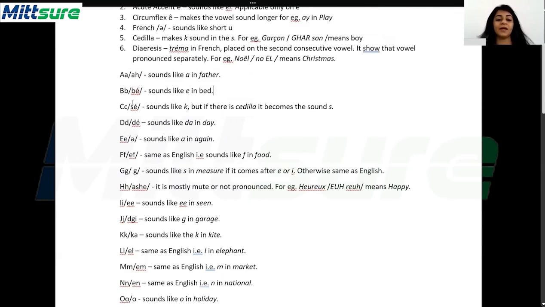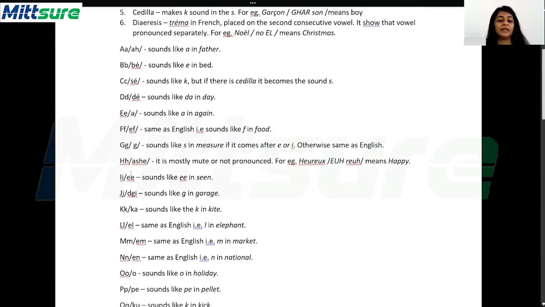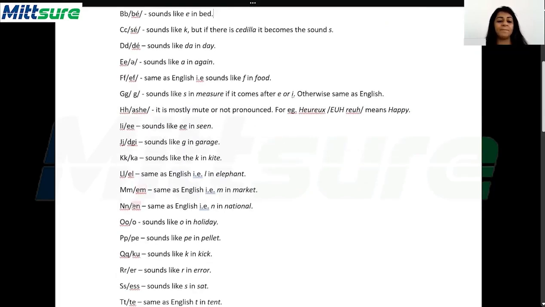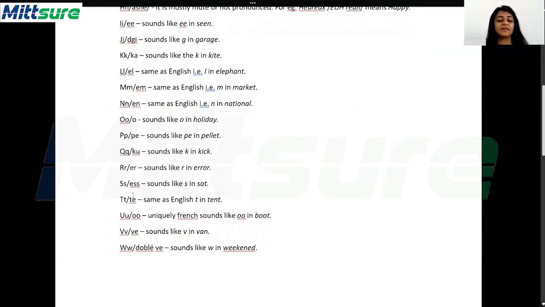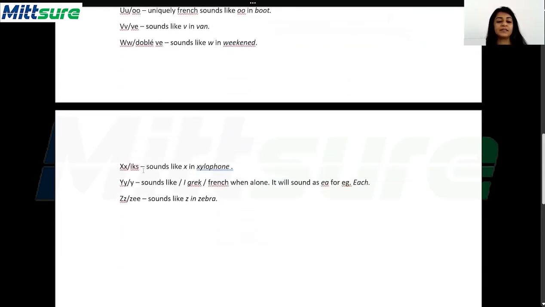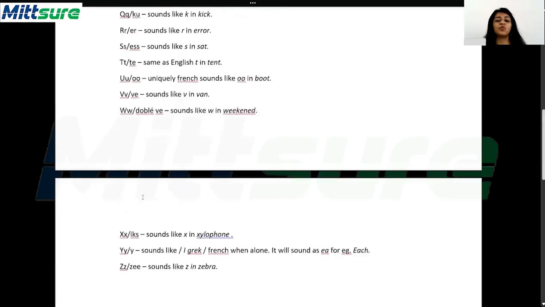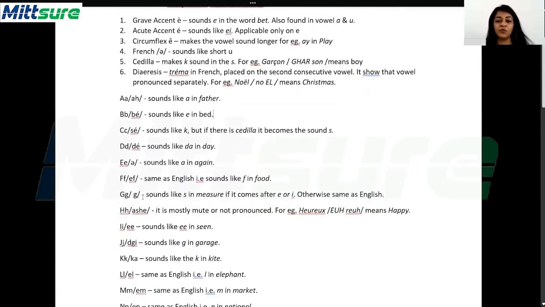A, B, C, D, E, F, G, H, I, J, K, L, M, N, O, P, Q, R, S, T, U, V, W, X, Y, Z. So those were the alphabets in French, and that is how you read it.